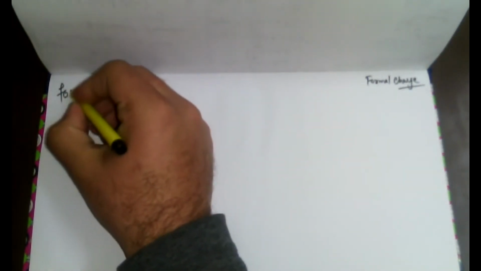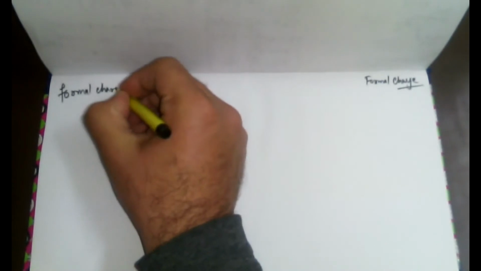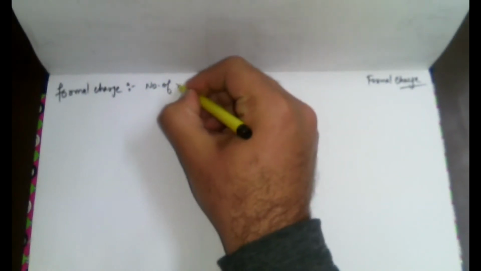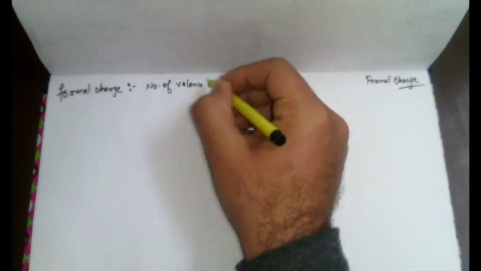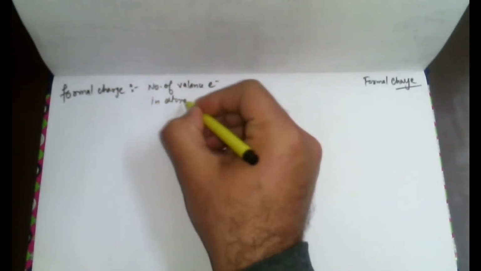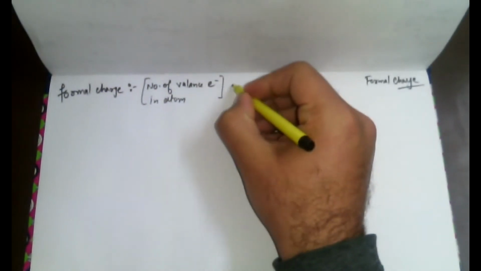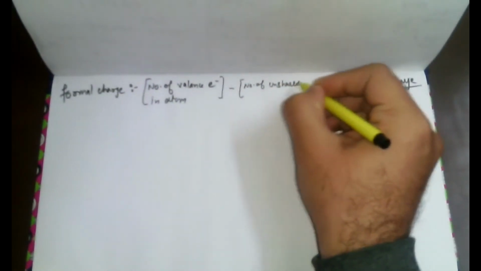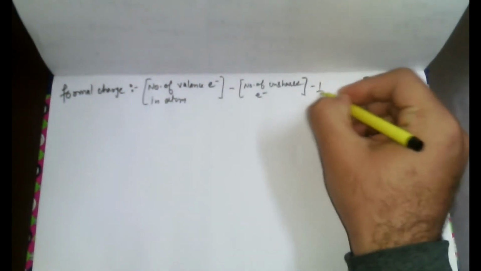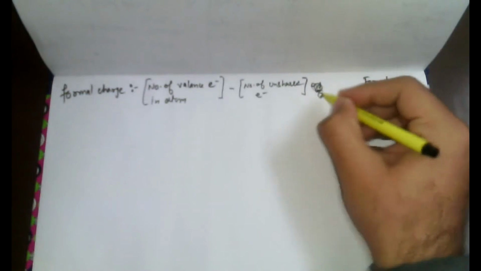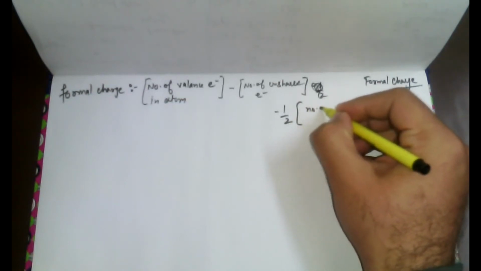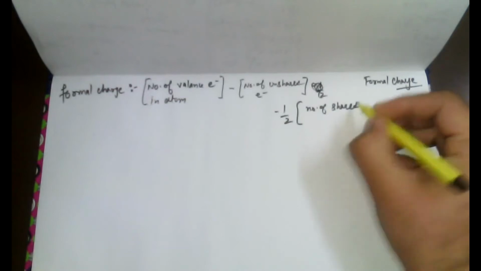Okay, we are talking about the formal charge. The formula for formal charge is calculated as the number of valence electrons in the atom, minus the number of unshared electrons, minus half of the number of shared electrons.